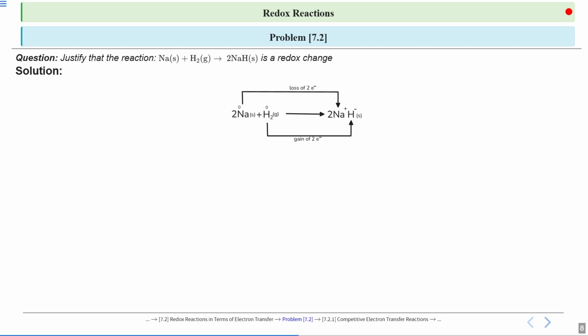So if we write the oxidation number of sodium in reactant, this would be 0, while H2 also has an oxidation number of 0. And in the product NaH, the oxidation number of sodium is plus 1, while that of hydrogen is minus 1.